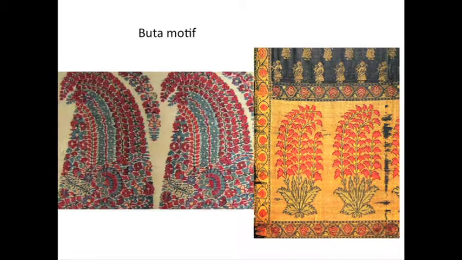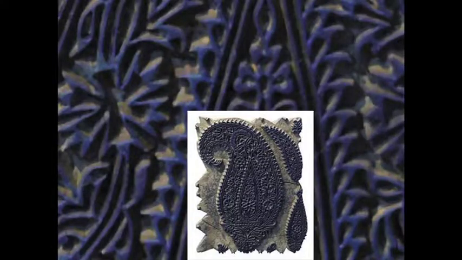And here's a wooden textile stamp from Isfahan, Iran, the Buta shape, the paisley shape that we're familiar with. And I want you to notice a couple of the floral motifs within the shape. There's some 5-petaled flowers and some sort of edging to leaf elements.